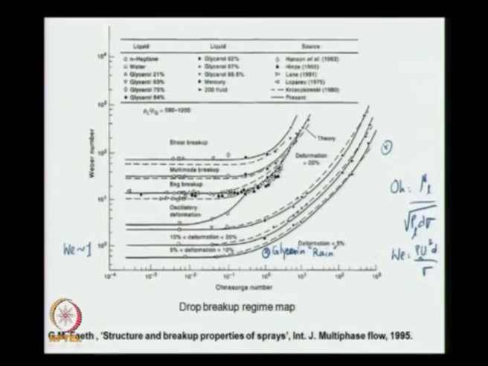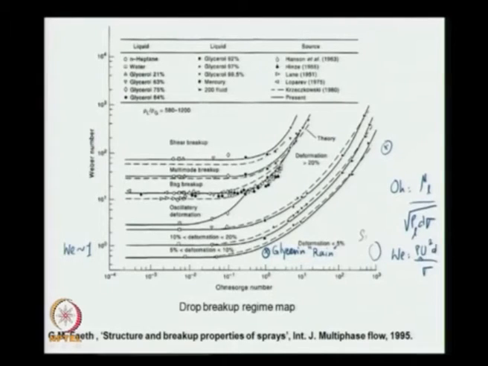So, we do not have to necessarily look at different property fluids. Even in the same spray, some drops, in other words smaller drops, will tend to be in this corner here, and the larger drops would tend to gravitate towards the other parts of this graph.